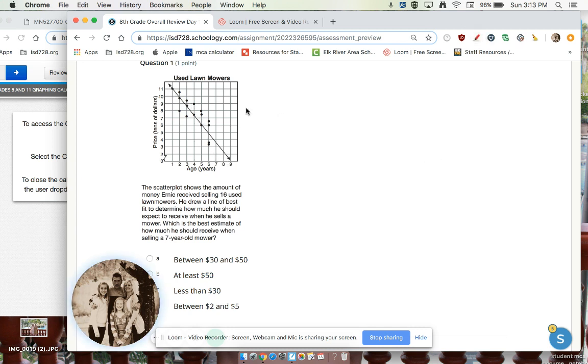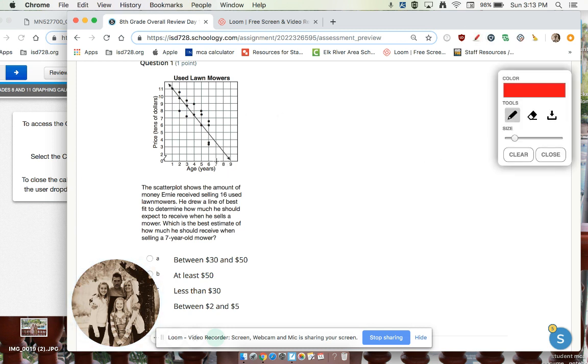I'm going to go to the year 7, because that's how old it is, and it's approximately right here. I'm going to scoot over, and it looks like it's between 3 and 4, but I'm going to check to see how it's scaled, and it's scaled in tens of dollars. So that tells me that it's between $30 and $40.